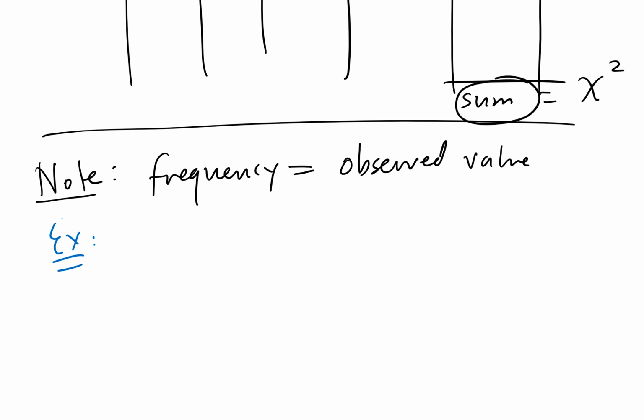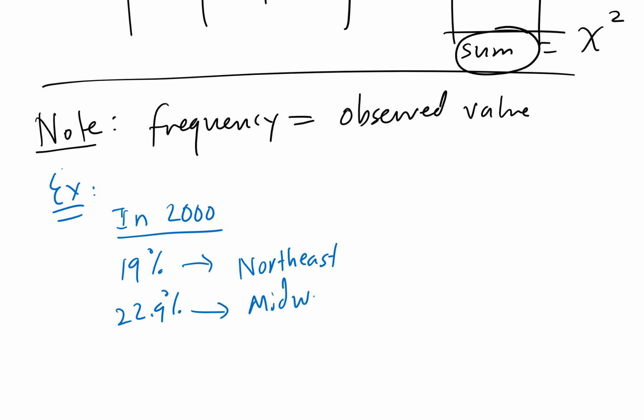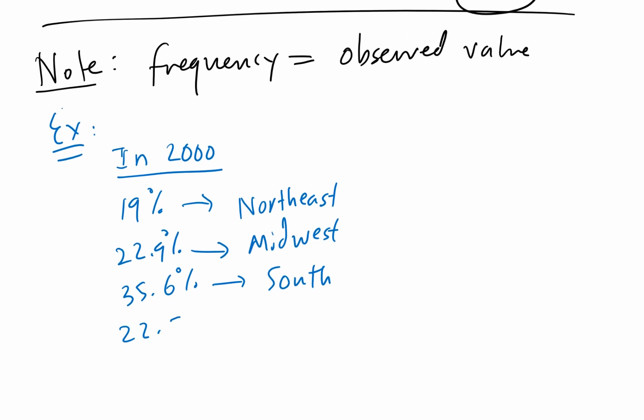So in 2000, 19% of the US population were in the Northeast, 22.9% in the Midwest, 35.6% South, 22.5% in the West.